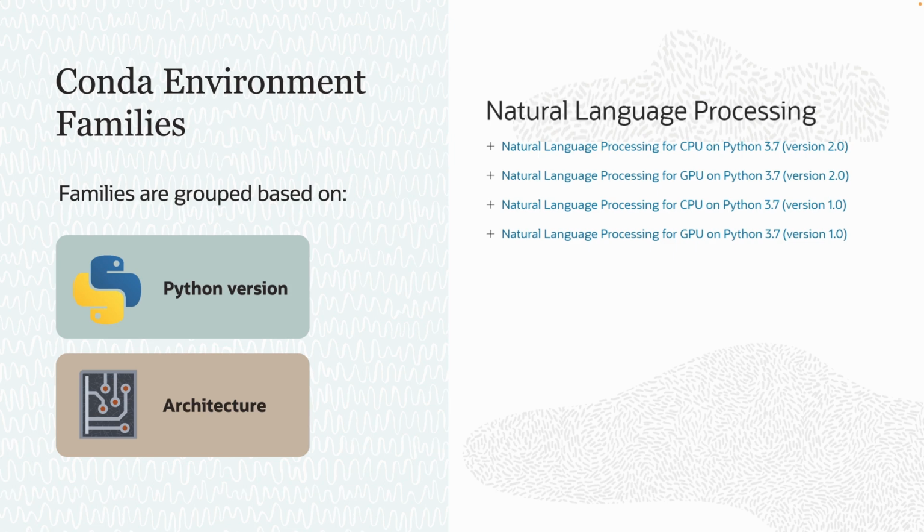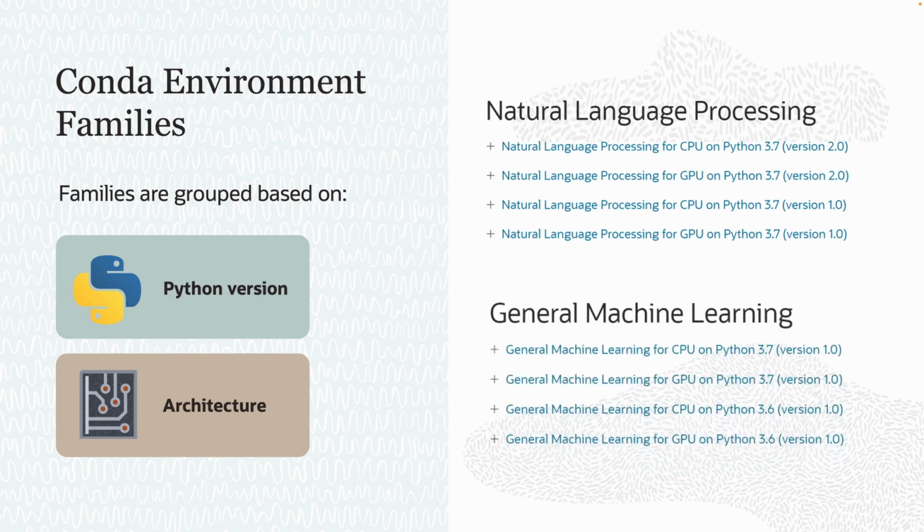You have natural language processing for CPU, which is the architecture, Python version 3.7, version 2, and if you notice, the third item on the list is the same thing, but it's version 1. So the difference between these two versions is a change in the software that's provided, but they both run on the same architecture and both have the same version of Python.